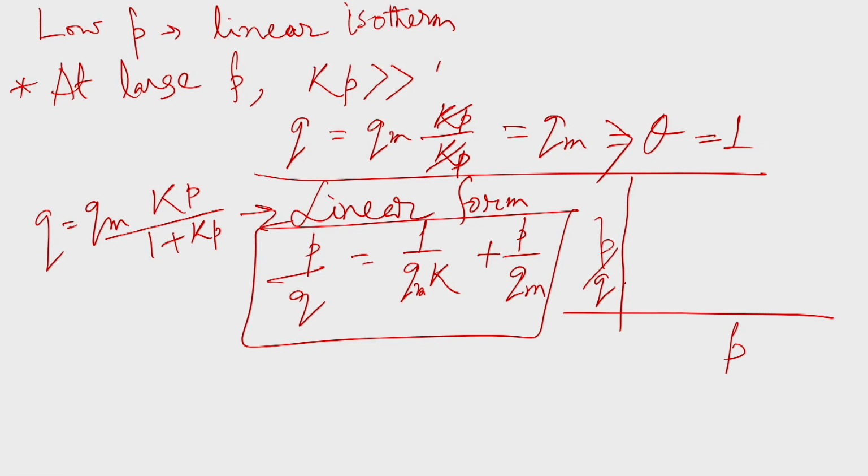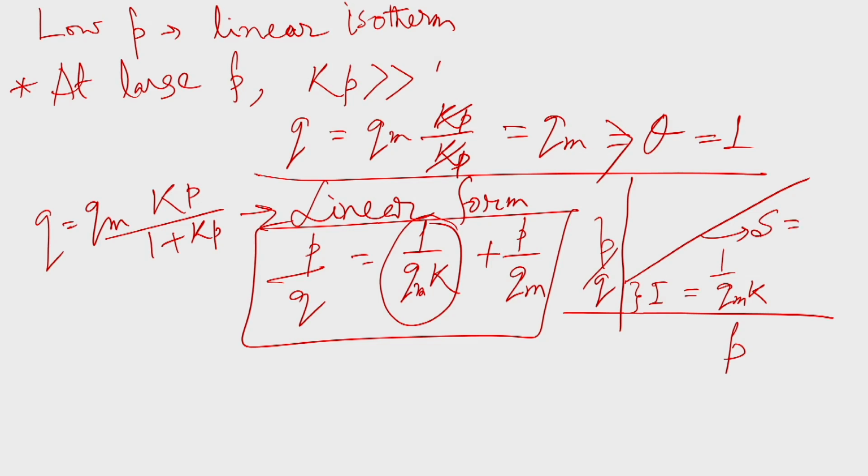Then we will get y = m x + c. The intercept will be 1/(q_m K), and the slope will be 1/q_m.